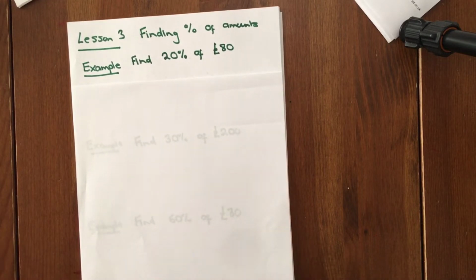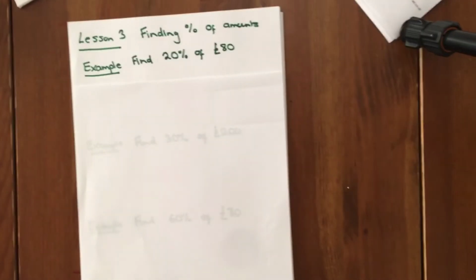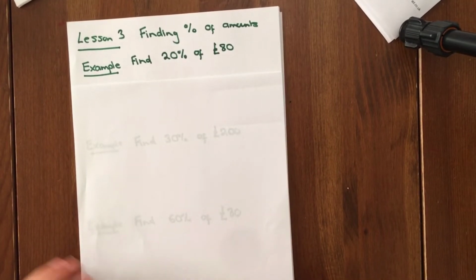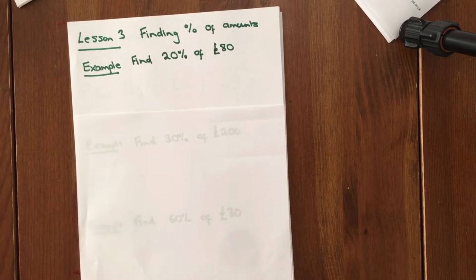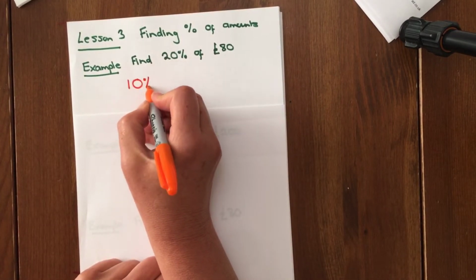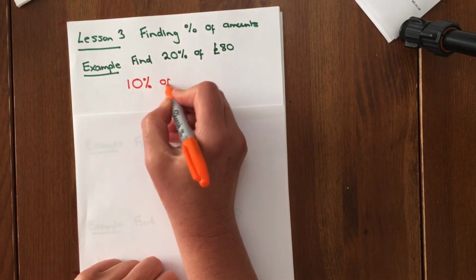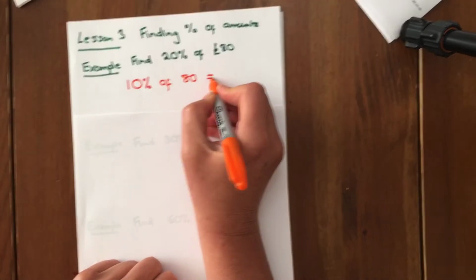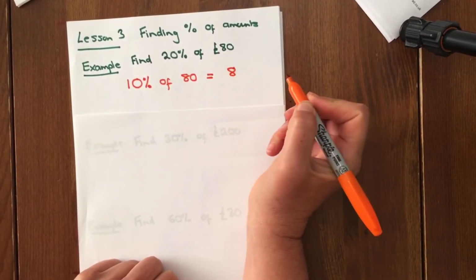So for example, if you're asked to find 20% of £80, now, for today's lesson, for every question, the first thing you do is find 10%. Now, remember from last lesson, to find 10%, we divide by 10. So 10% will be 8.